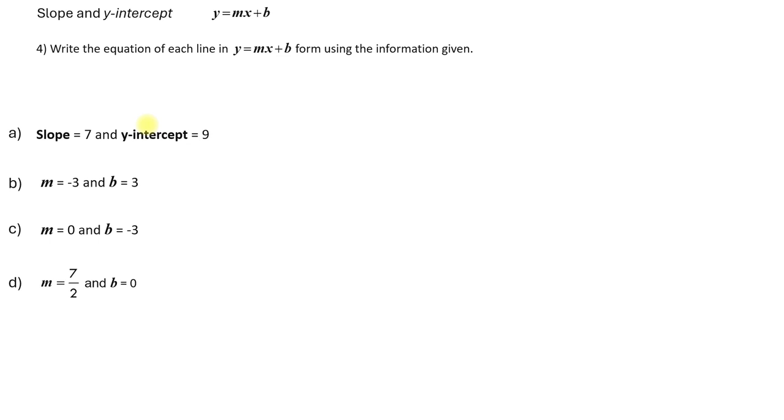Write the equation of each line in y equals mx plus b form using the information given. Well, for a, we're told the slope is 7 and the y-intercept, or b, is 9. So we can simply write y equals 7x plus 9.